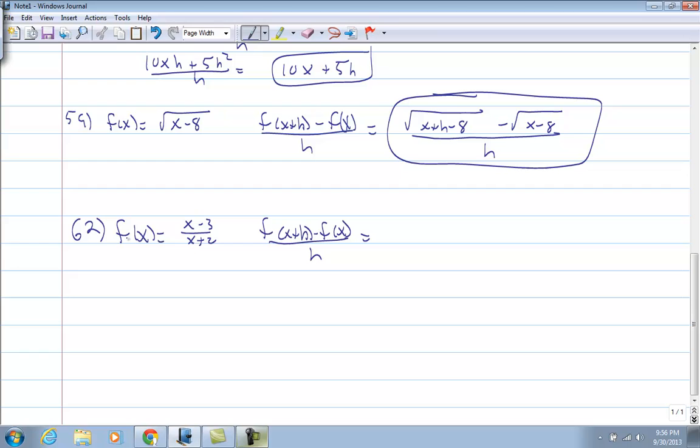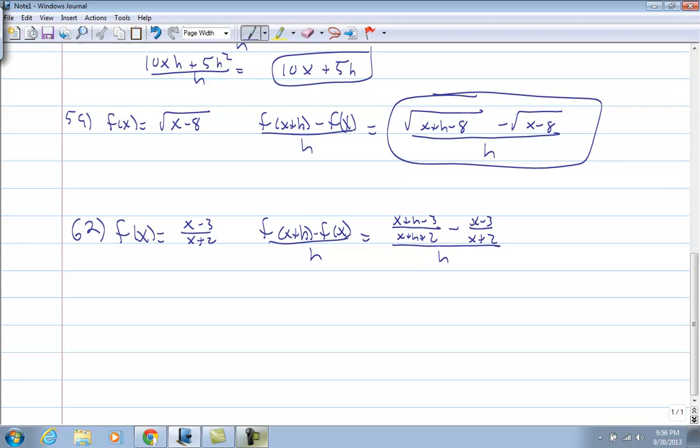Okay, for this last one we have f of x equals x minus 3 over x plus 2, so we're going to do f of x plus h minus f of x all over h. That's going to look like x plus h minus 3 over x plus h plus 2, because I put x plus h in place of the x's there, minus x minus 3 over x plus 2. That's just our f of x all over h.